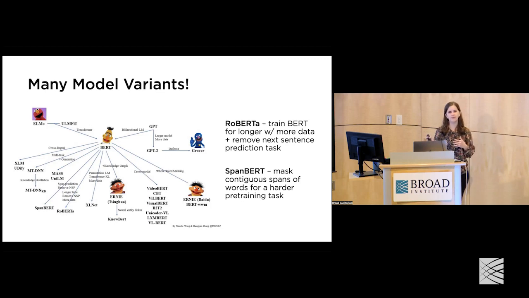So you only do masked language modeling. There's another variant called SpanBERT, where instead of just masking a single token or a single word, you instead mask continuous spans of these words. And the idea here is that this makes for a harder pre-training task so that hopefully the model can learn to represent language better.